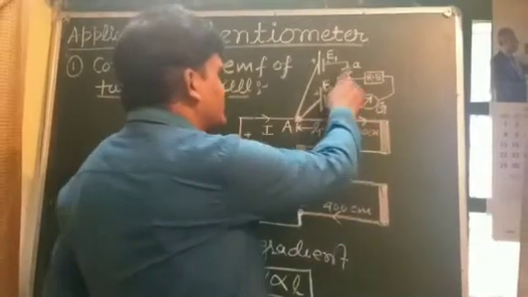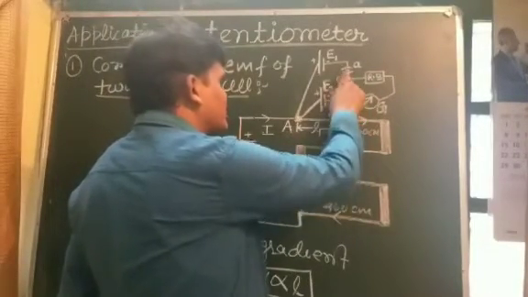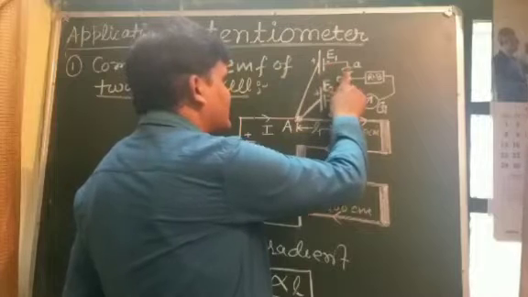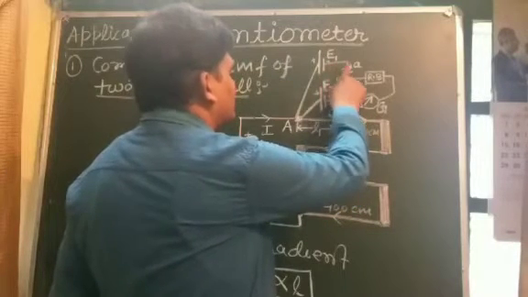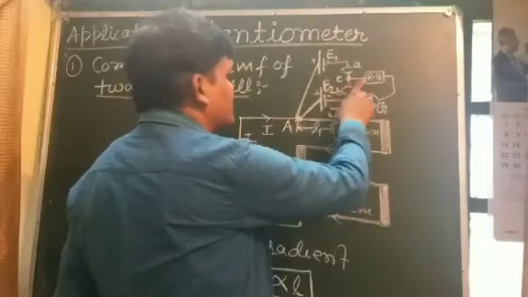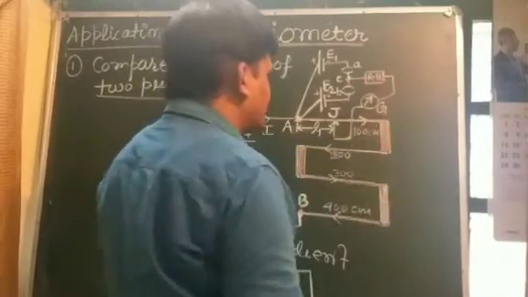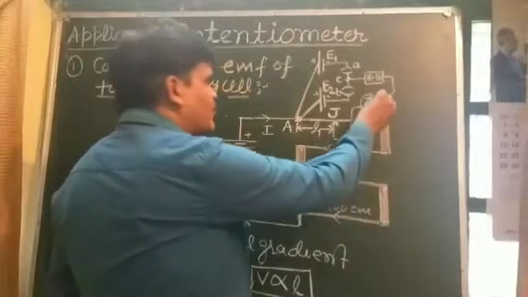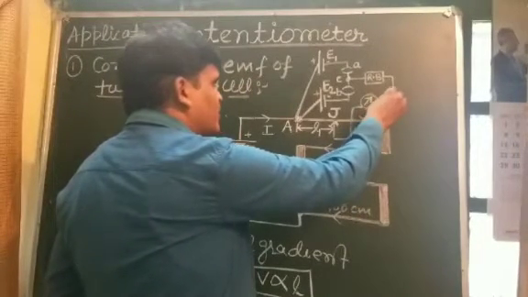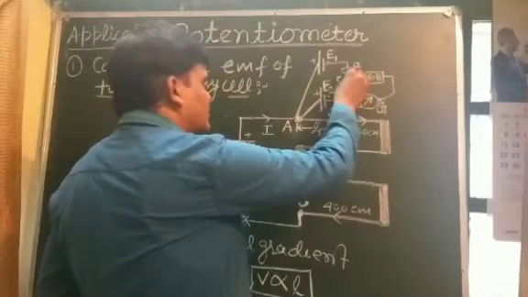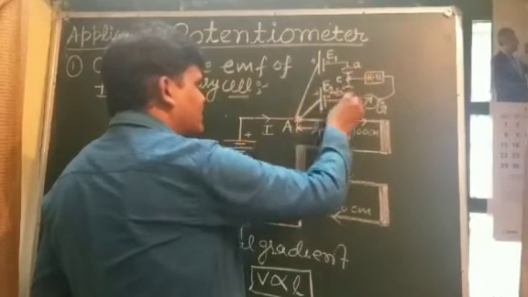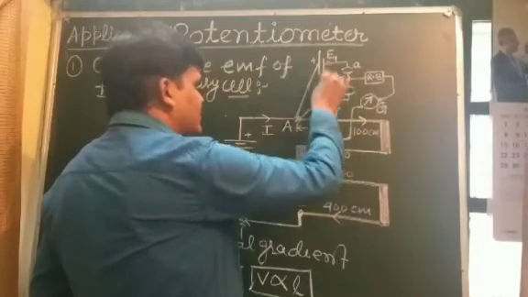And here is a 2A key. The negative terminals of the two cells are connected through the galvanometer by the series resistance of the resistance box, through the 2A key to the negative terminals of cells E1 and E2.